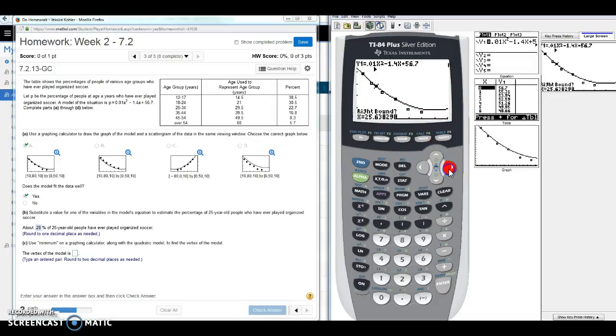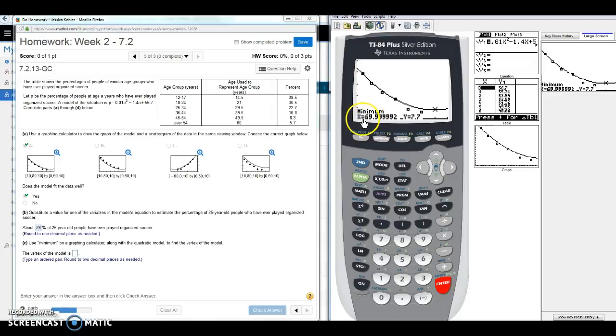So I'm going to toggle over using my right arrow key until I get to where I think it's starting to turn upwards. Let's say about there. That looks like kind of where it's flat, and then it looks like it's going to turn upwards again. We'll hit enter. This is our guess.